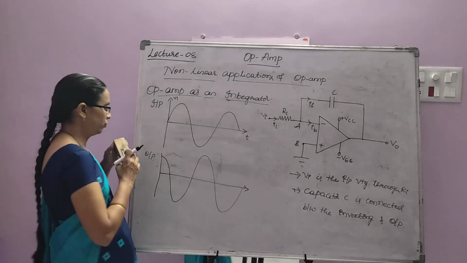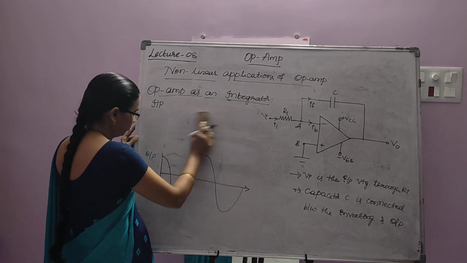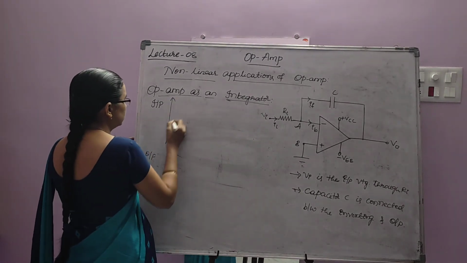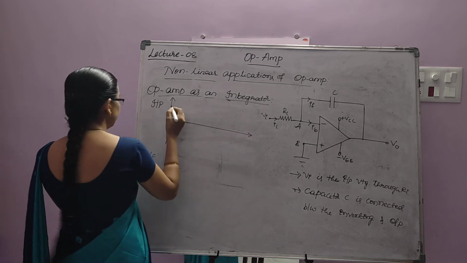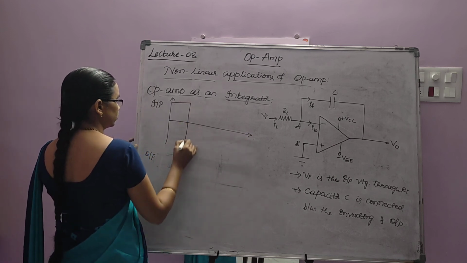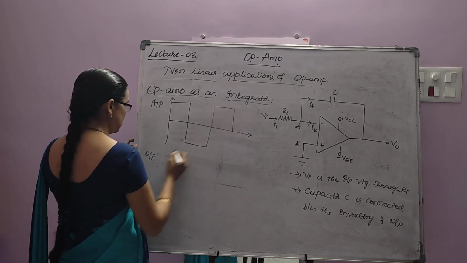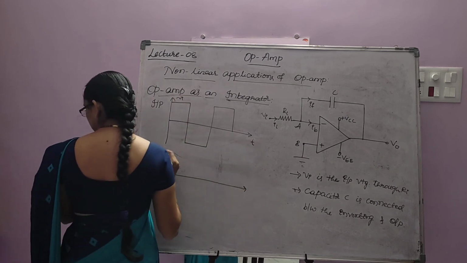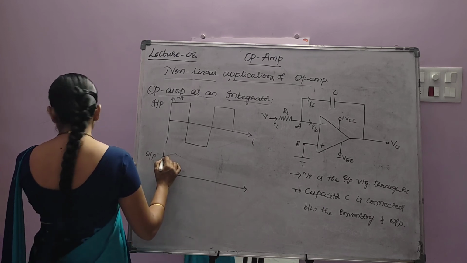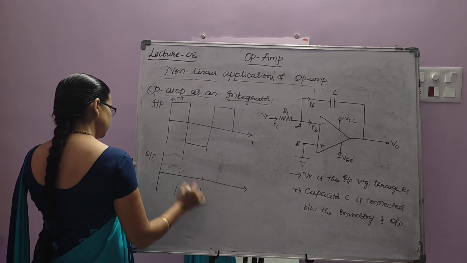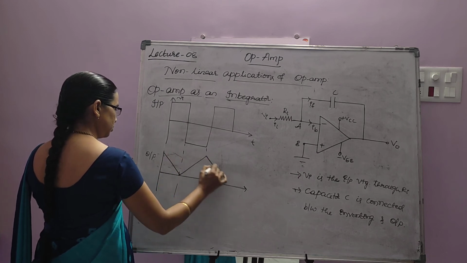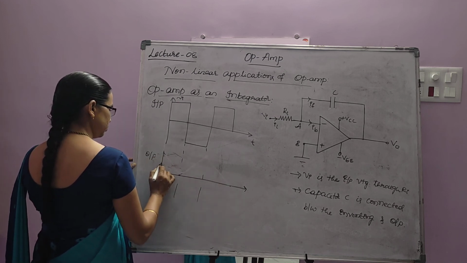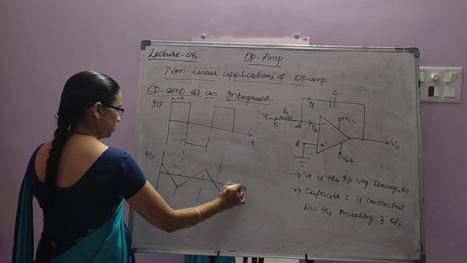If the input waveform is a square wave, the output will be a triangular wave.